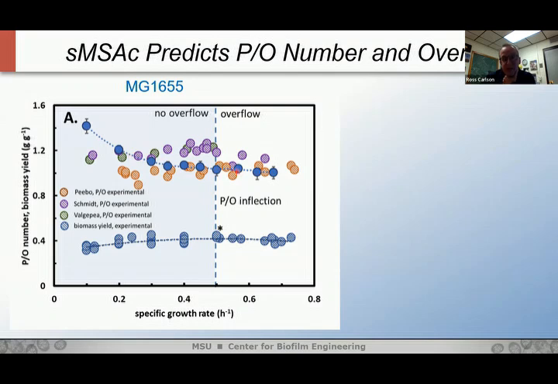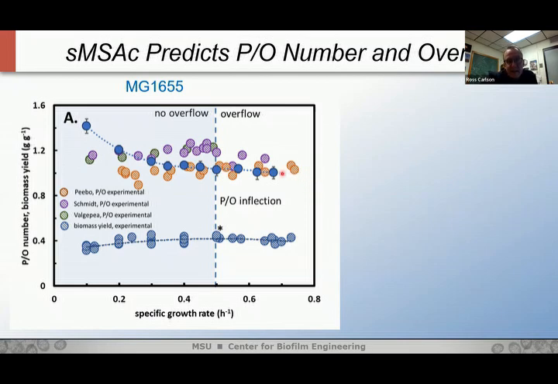What we see is our predictions are consistent with experimental data. So the cell is not operating at the most efficient use of the electron transport chain. It's using a value about half of the maximum. It uses that value because it runs out of surface area. So if it wants to balance maintenance energy generation with growth, it can't use the highest efficiency system. It has to use something in between.